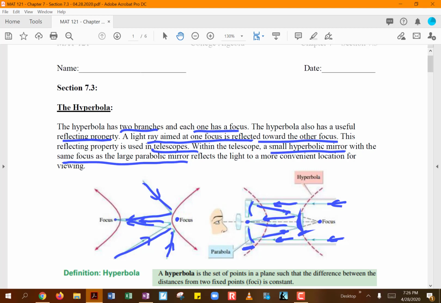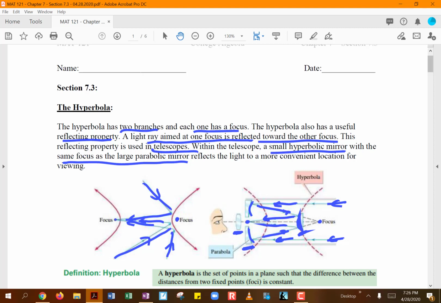This is where our viewing lens is going to be, and you can see this is where the person will be looking at the planet. Where this focus is on the left hand side, that's where we see the planet or star, or whatever you are looking at. That's how the technology with telescopes works.